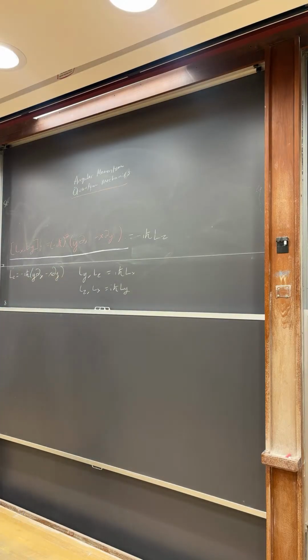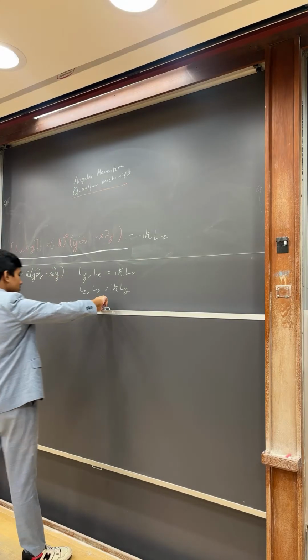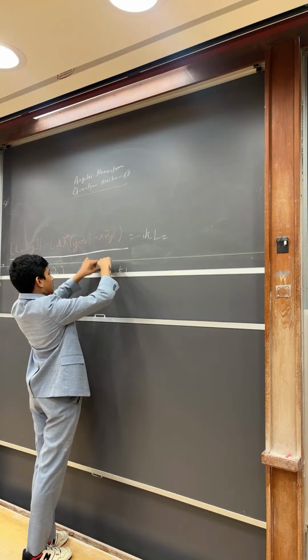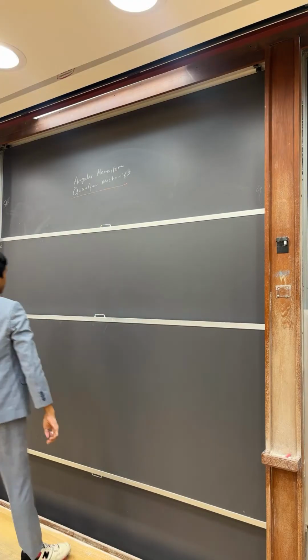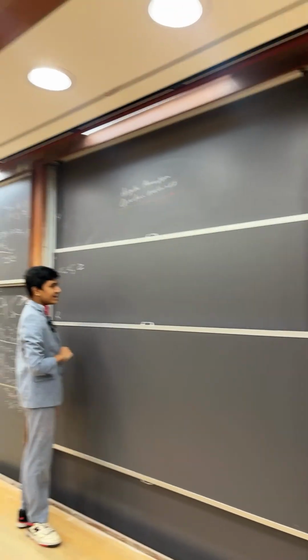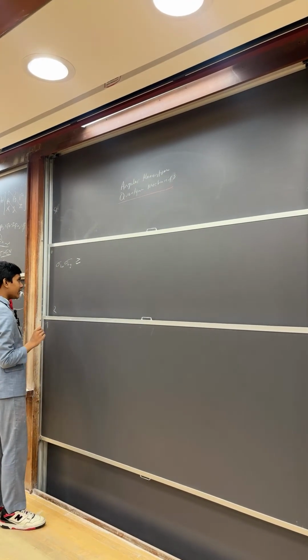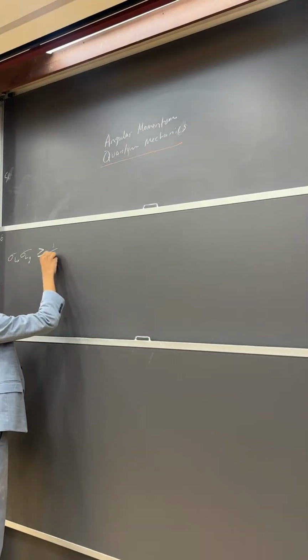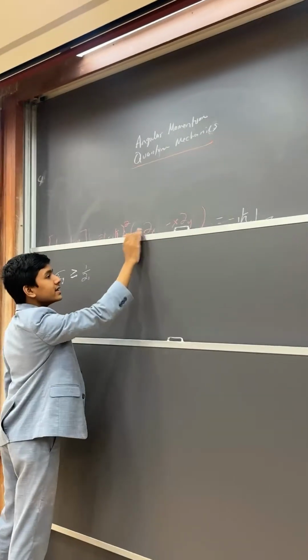All right, now we're just getting started. So, over here now, we're going to realize that this means Lx and Ly, well, the standard deviations of them, when we measure them, their product is going to have to be at least 1 over 2i multiplied by minus iħ.